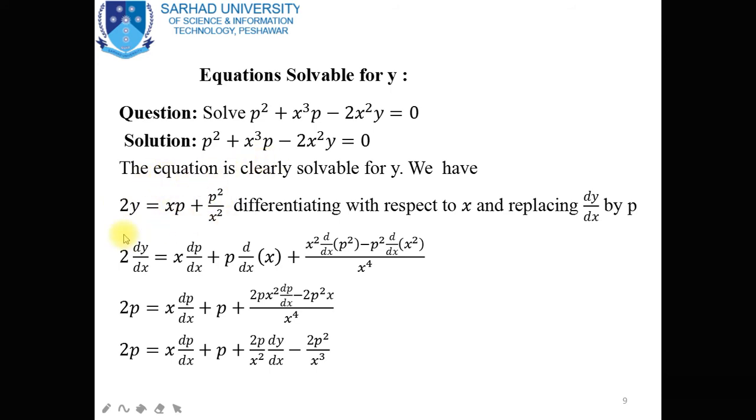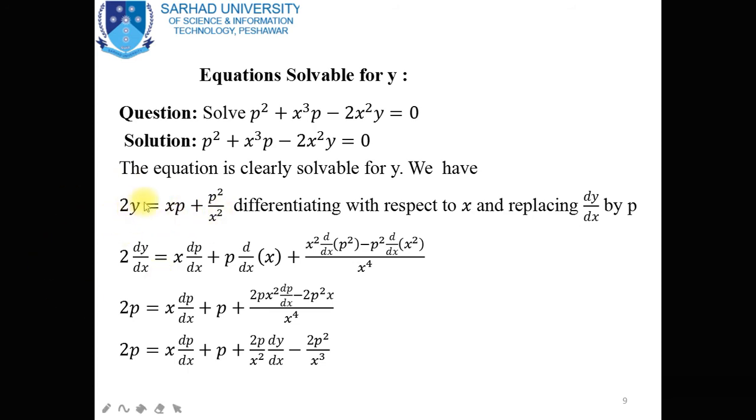Like you see over here, 2y: shift the term minus 2x square into y to the right hand side and then divide both sides by x square. We obtain 2y is equal to xp plus p square by x square.